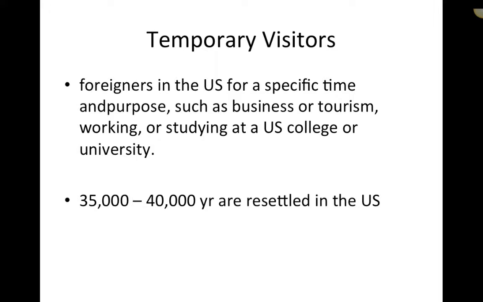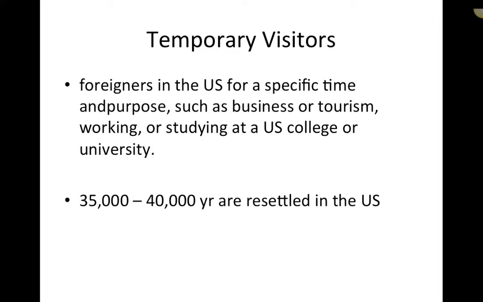We also have temporary visitors. They're here for a specific time period, typically for either business or tourism. So either an extended tour, like they're on vacation, but not a week-long vacation, for a long 3 months, like touring across the United States, for example. Or for business, maybe a project that is going to take a month or 2 or 3 or 4 or 6 months.